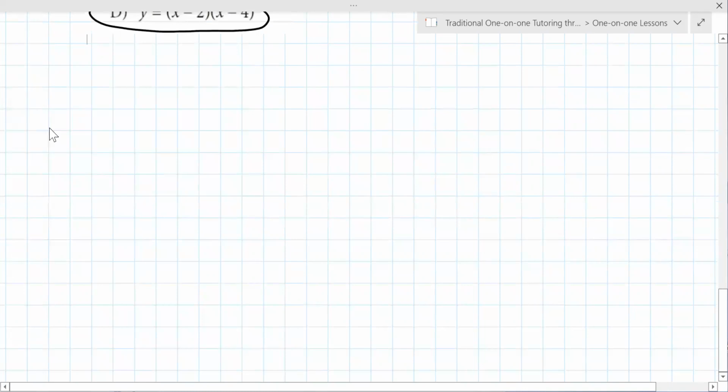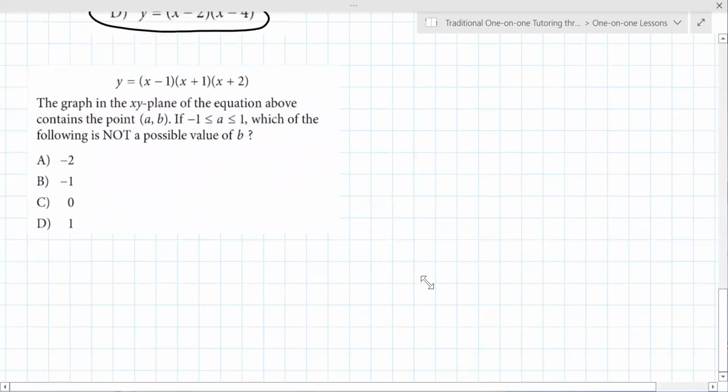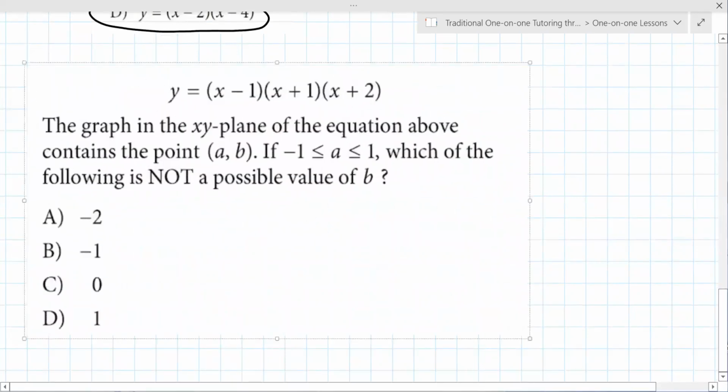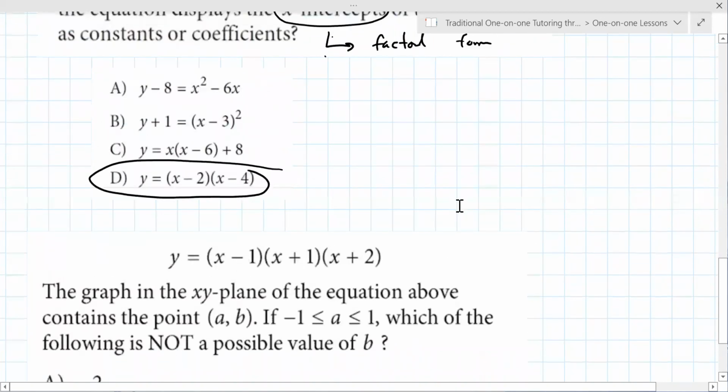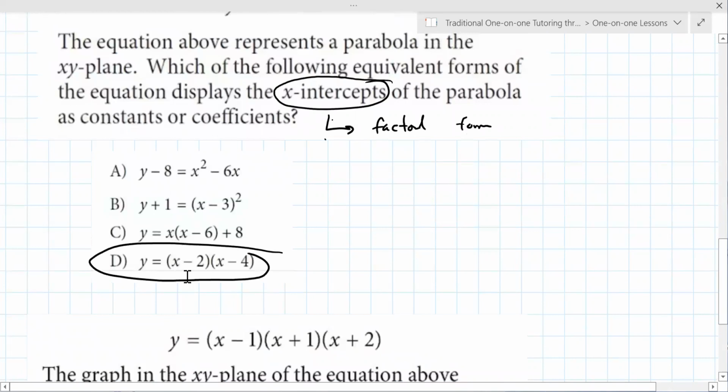Okay, here we go. All right, so when you look at this problem, what form is it in at the top here? What form was this one in up above here?